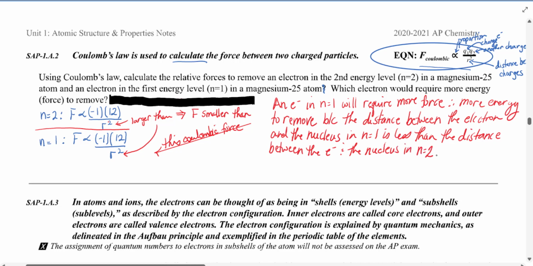According to Coulomb's law, since you have to justify it via Coulomb's law, we're going to say a larger distance requires less force or less energy.